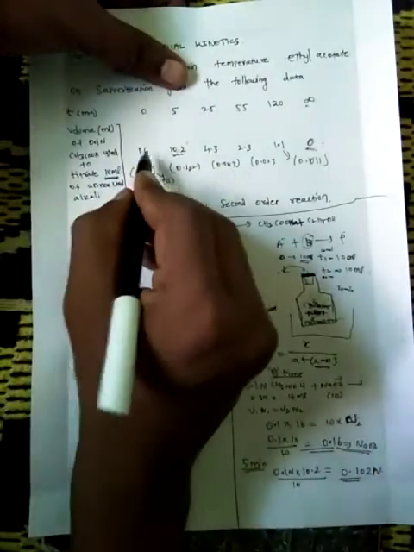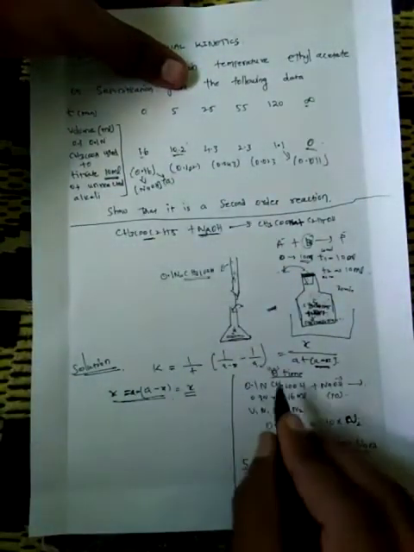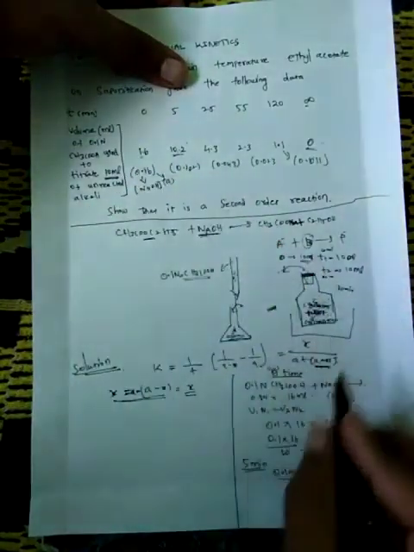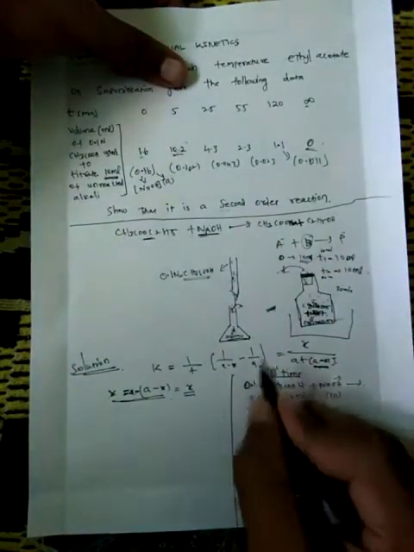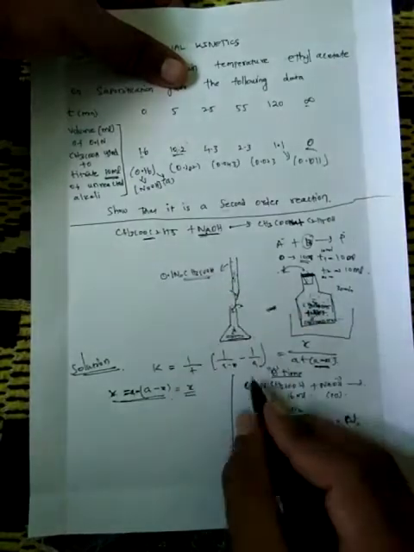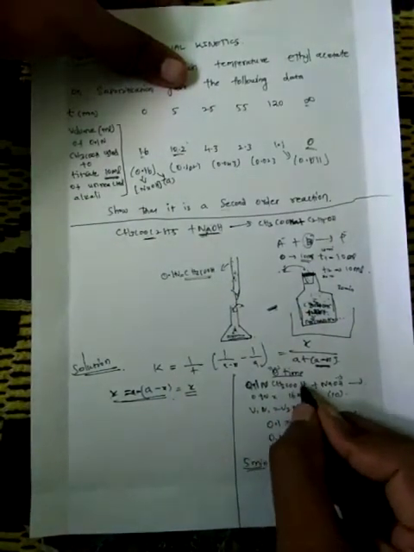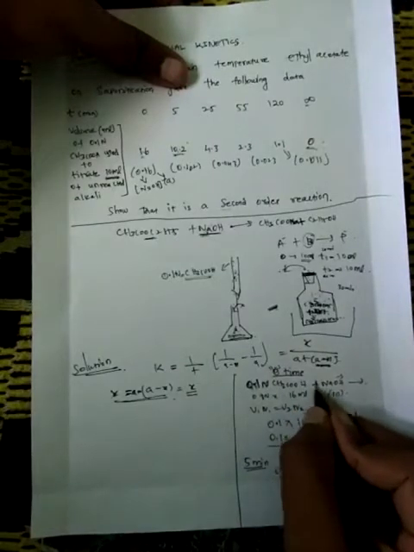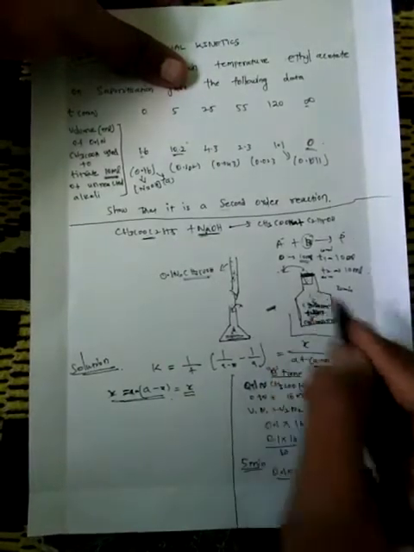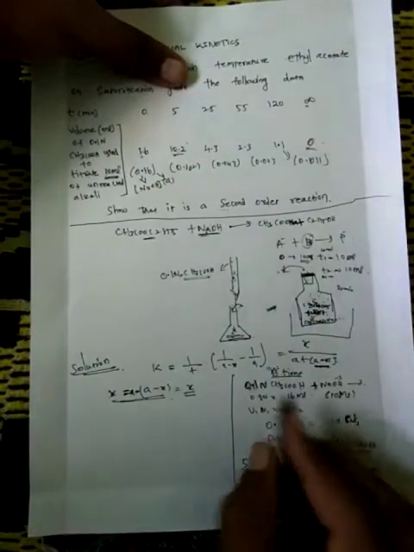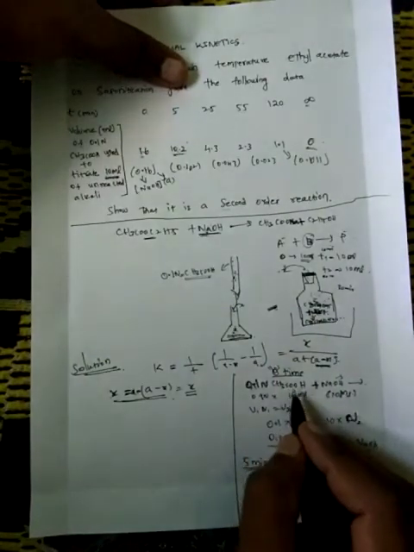Then the volume of acetic acid required is given here. I'm reacting 0.1 N acetic acid with NaOH, that is the reaction mixture. 10 ml of NaOH, and the amount of acetic acid required is 16 ml.